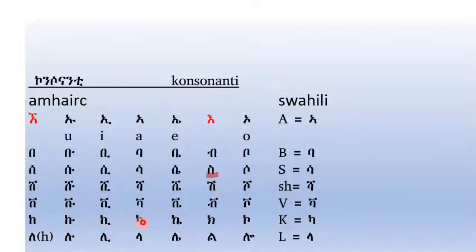Ku, ki, this is ka. Ke, ko. Then le, write the small letter English H or the Swahili ha. Le, lu, li, la, le, lo.